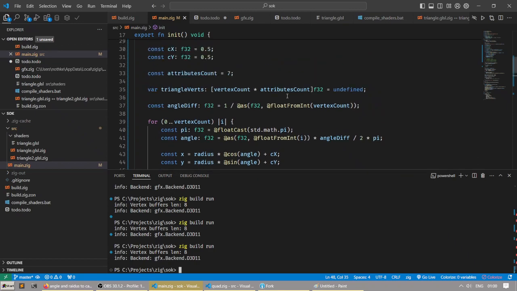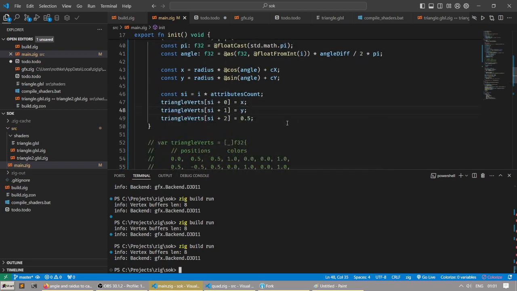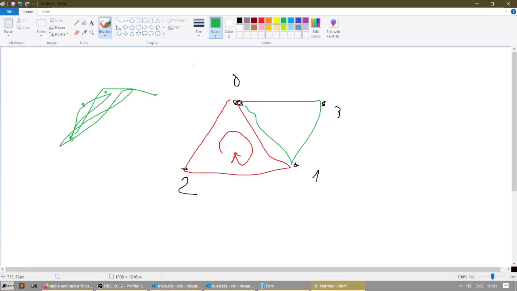Angle difference. Or maybe it should be -1, right? Because the last vertex should be the first. 0, 1. Okay, so if I say 4, right?